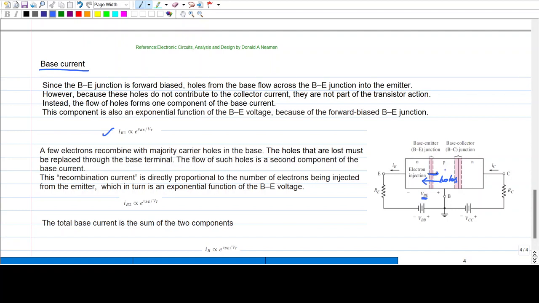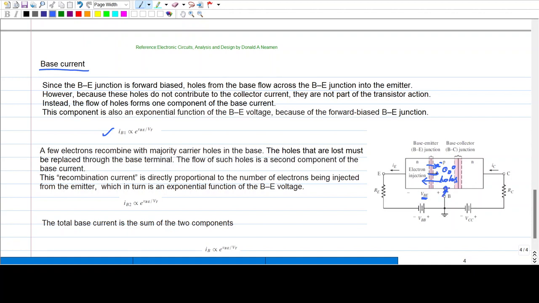So what is recombination? This p-type semiconductor has many holes. The electrons which enter will recombine with these holes, and the holes disappear.